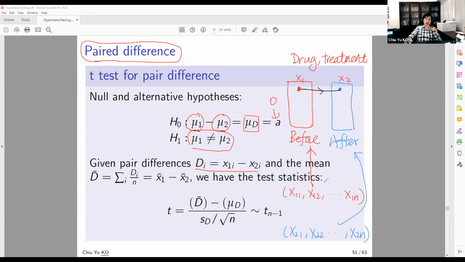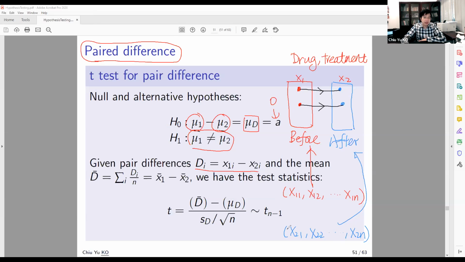So we assume that for each observation we have the same sample from the two populations. You can imagine they come from the same subject, the same target you're targeting, but you're just observing at a different time, before and after.